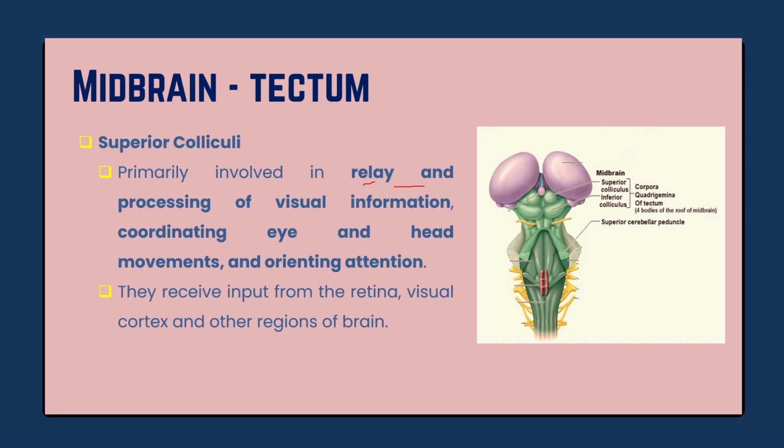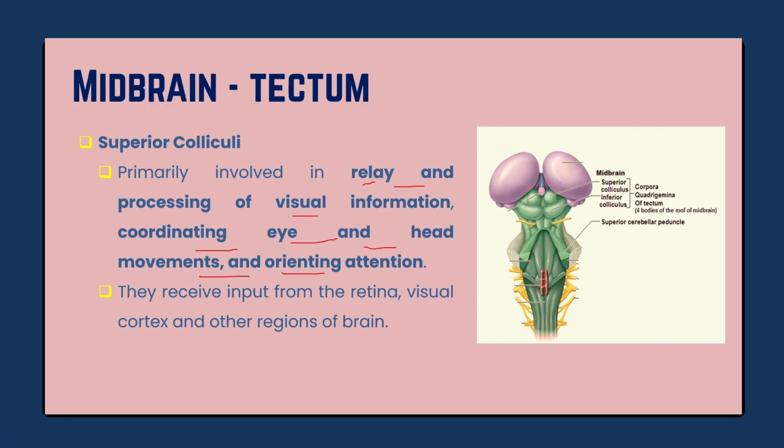No, you need to make sure that your head also moves accordingly so that you can look up, right? So this superior colliculi is primarily involved in this function. It relays and processes visual information, coordinates the eye and head movement, and orients the attention so that you can give attention to whatever flew over your head.